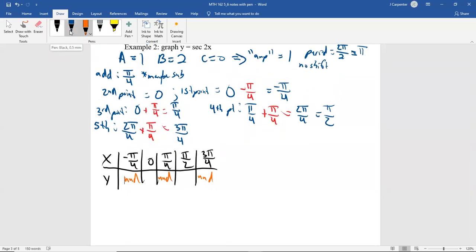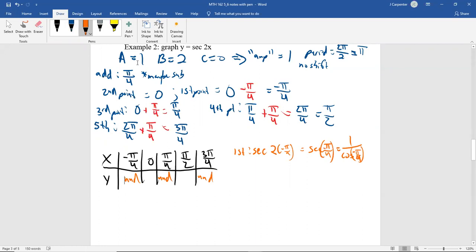I'll show it for the first one first. So that was the secant of 2 times negative pi over 4, which is the secant of pi over 4, which would be 1 over cosine of negative pi over 4, by the way. That is a negative still. So 1 over cosine of negative pi over 4.